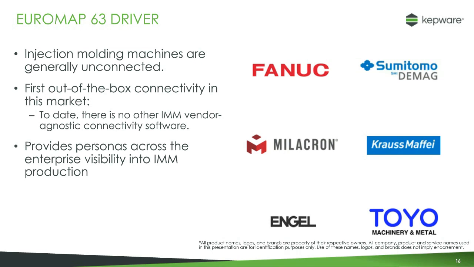So that's Fanuc, Cincinnati Milacron, Krauss-Maffei, Sumitomo Demag, Toyo Machinery and Metal, as well as Engel Machines. So a very large section of the injection molding market is covered there, and we have connectivity as long as those individual machines that we're talking about, their model numbers, line up and have the capability to communicate over EUROMAP 63.